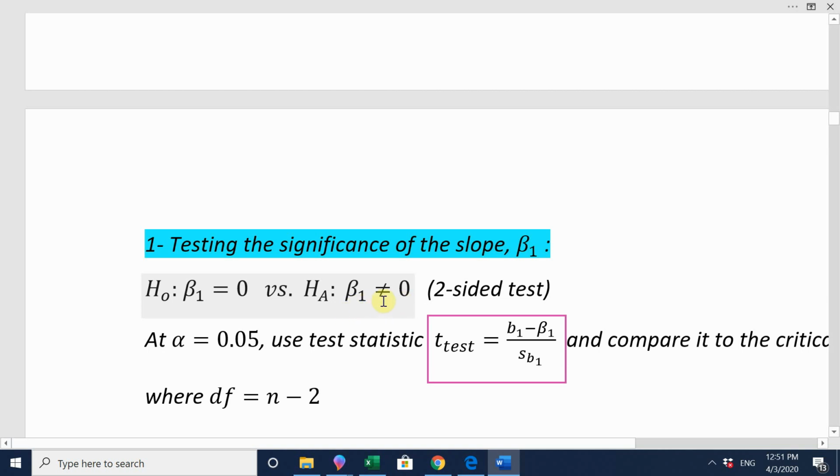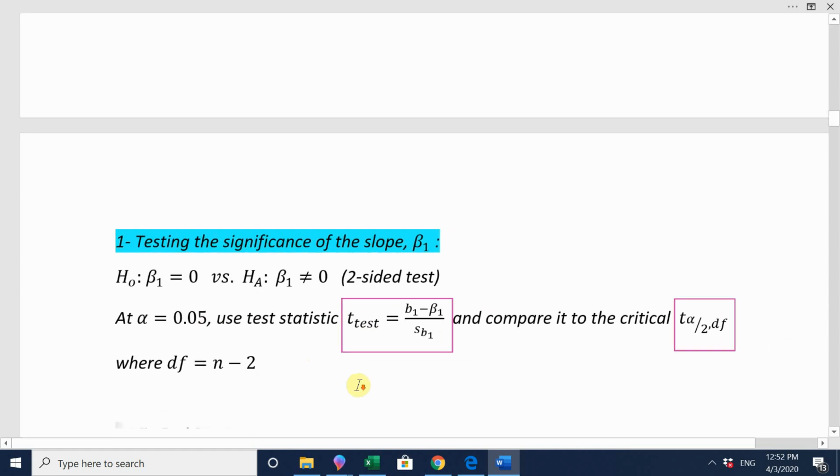Okay, positive or negative, we don't know here, and hence here we say that beta 1 does not equal 0. Okay, so this is a two-sided test. And of course, we're going to test out the null hypothesis at a given level of significance. So say here we let alpha equal 0.05. So at 0.05, we will conduct the test.